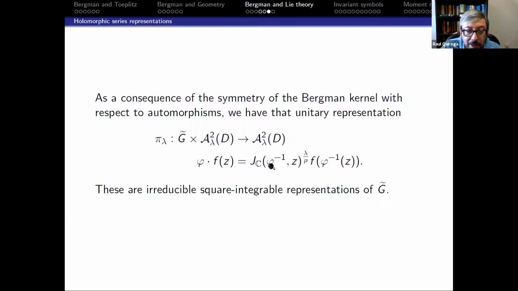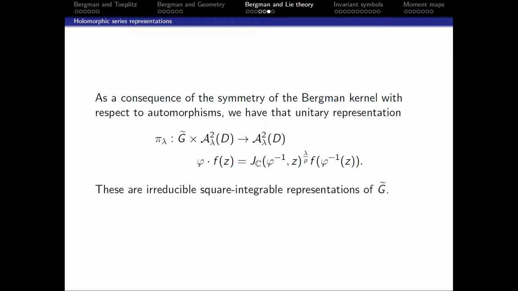But you have to consider the dependence on the automorphism. And this is going to lie on a connected group, which is not necessarily simply connected. That's a problem. So you go to the universal covering, and doing that, you can actually compute a holomorphic branch of this expression. And you do have a unitary representation. So you have to be very careful.